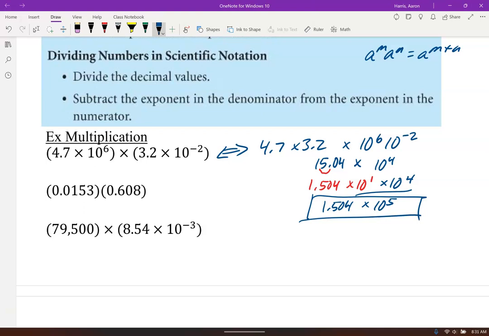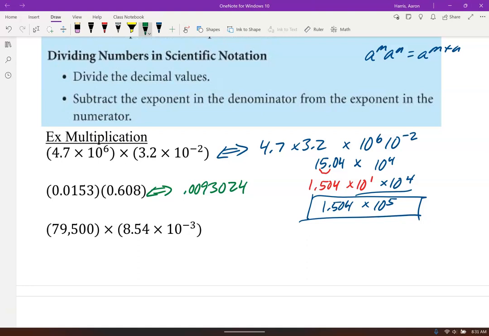Now, the second one is not in scientific notation, so I'm just going to go ahead and take my calculator and punch in 0.0153 times 0.608, and I'm going to get 0.009324, and then I'm going to go ahead and put that in scientific notation.